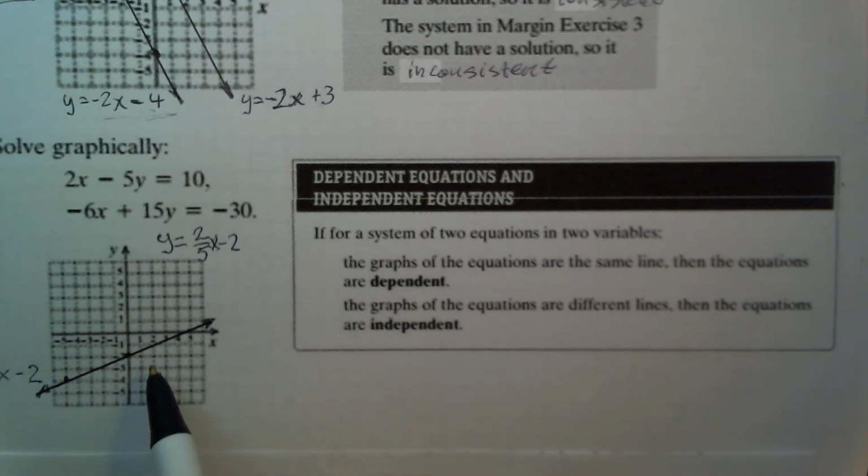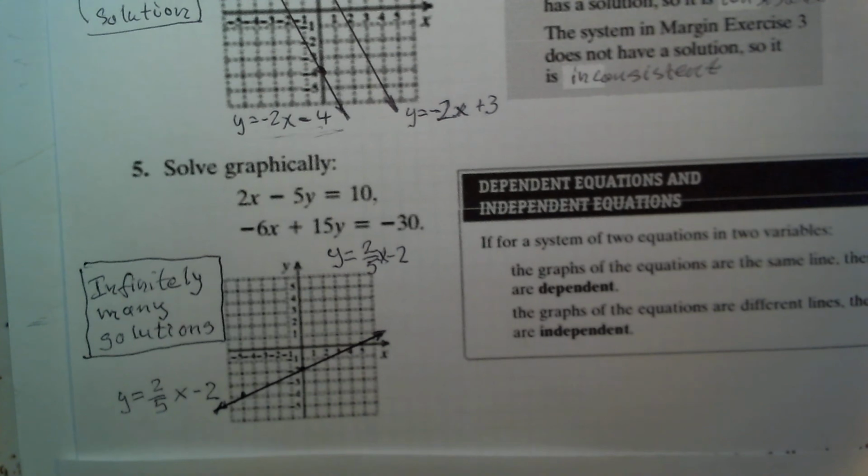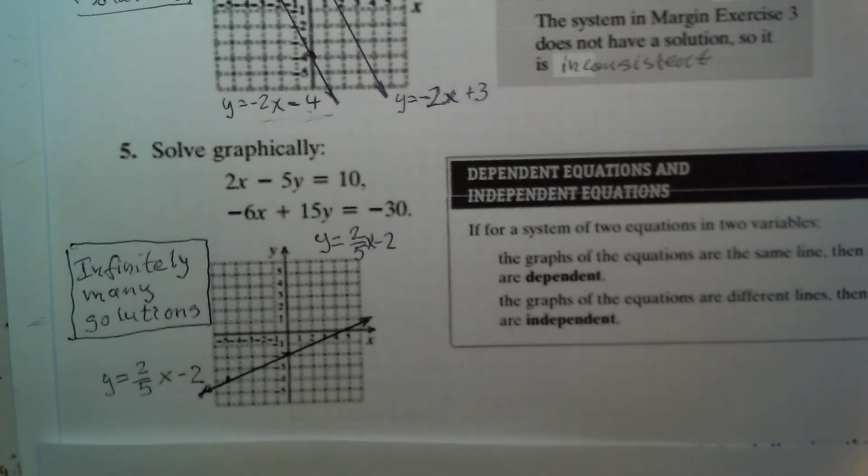So in other words, here we have a dependent system. And that has infinitely many solutions. In other words, for one line, we pick an x, we get a corresponding y, and there are infinitely many solutions in this case.